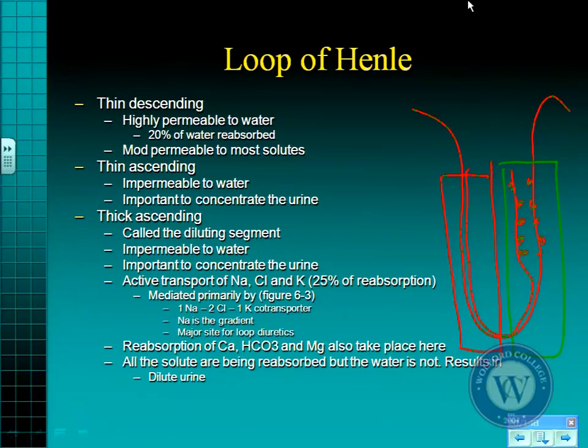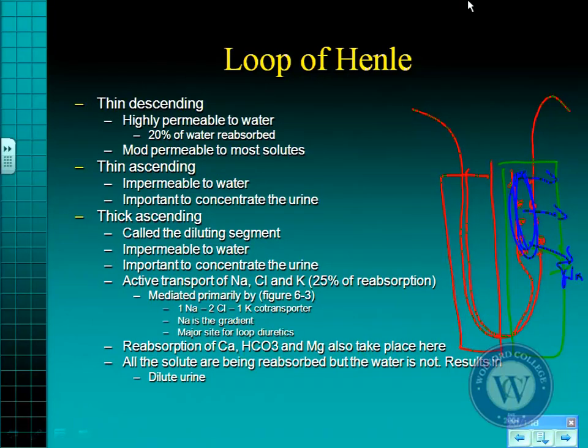Now the thick ascending portion becomes a diluting segment. The reason it's a diluting segment is this is where you're beginning to pump out the electrolytes. These are where you begin to lose the sodiums out. But what happens to water inside here? It's impermeable to water. It's still impermeable to water.